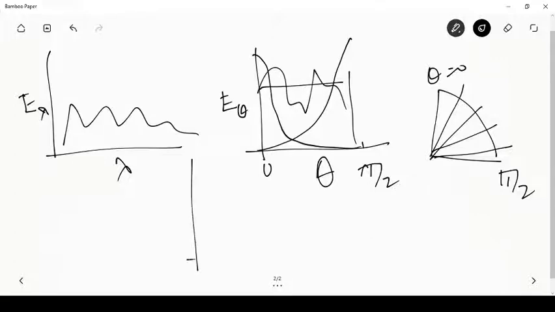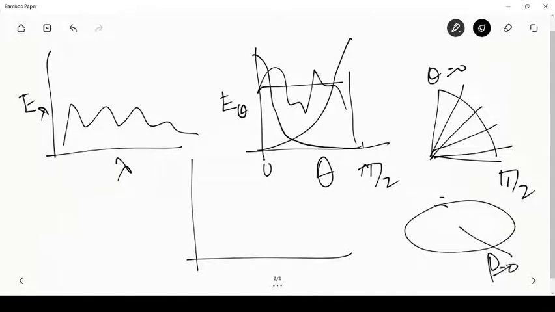In the same way, over the plane from phi equal to 0 to phi equal to 2 pi, the amount of energy radiated, the emitted energy, can vary. So you can have phi going from 0 to 2 pi, and E phi, the emissive power per unit area in that particular direction of projection.